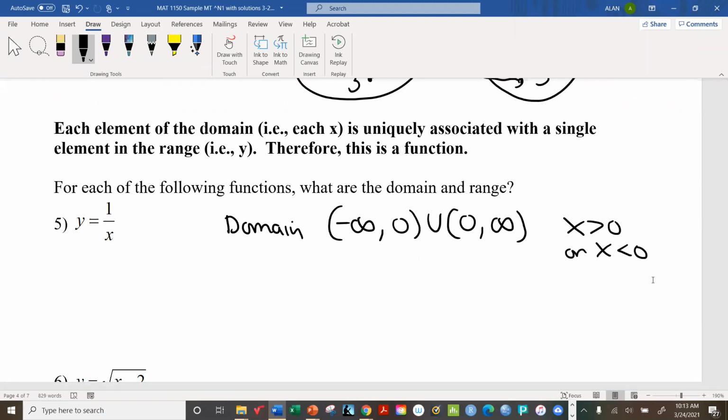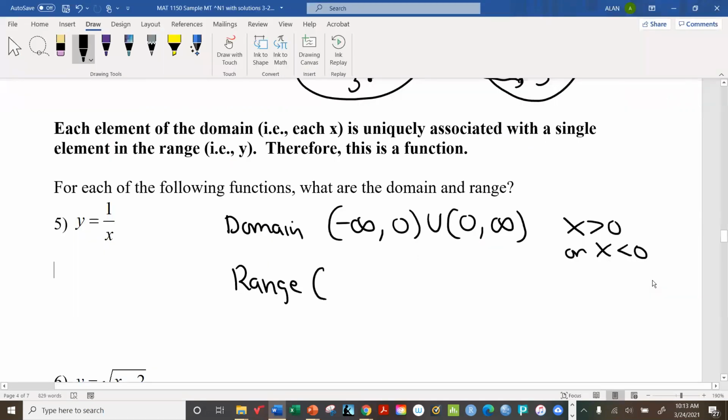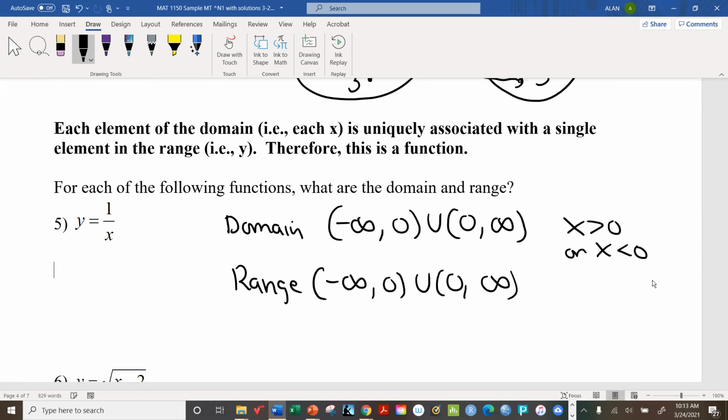Now the range, remember, means that we cannot have y equals 0. So that means the range will be identical to the domain. And again, if you feel like writing it like this, actually, in this case, sorry, it would be y, not x.